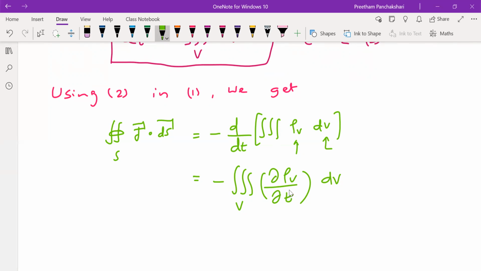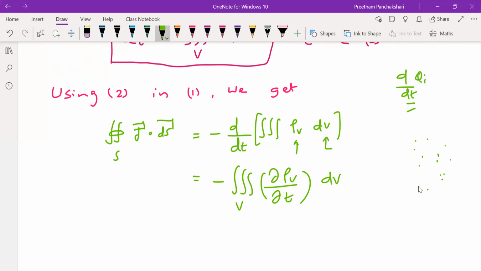And d by dt now becomes dou by dou t, because when I wrote d by dt the first time, we were differentiating only charge. The charge was changing only with respect to time. So it was d by dt. But now when I introduce the concept of volume charge, the charge not only changes from time to time, but also from point to point.